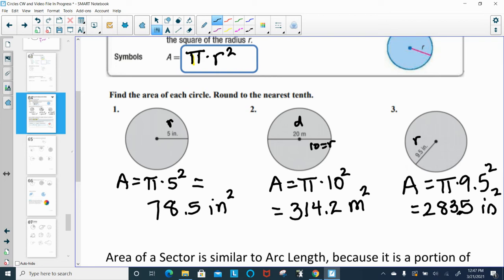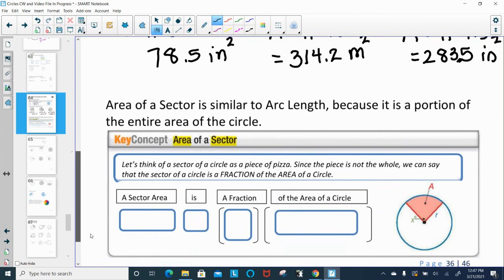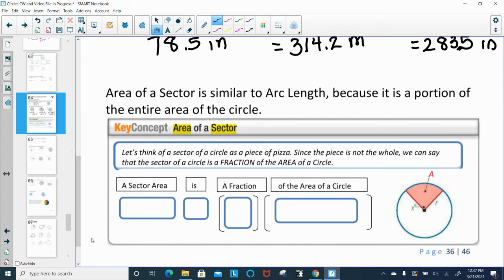But that's assuming we're talking about the whole circle or the whole pizza, depending on how you feel about that. When we talk about the area of a sector, it's kind of similar to arc length because we're talking about a portion of the entire area of the circle. And arc length was a portion of the entire circumference of the circle.